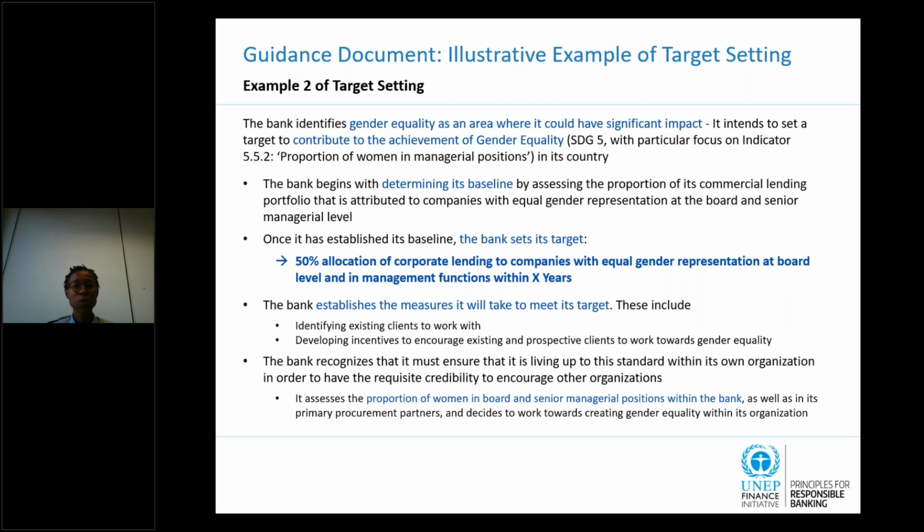And so it assesses the proportion of women at the board level and in senior managerial positions within the bank. And it takes it a step further by looking at, well, what's happening with my procurement partners, and how can I also encourage them to work towards gender equality. And obviously the way that the bank does that would be to choose or select its procurement partners based on the level of gender equality within those organizations.